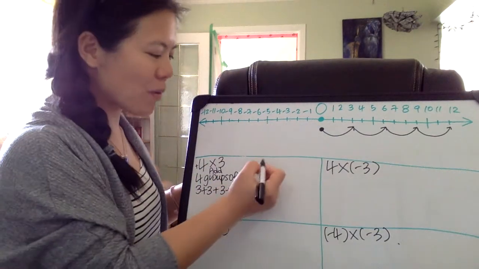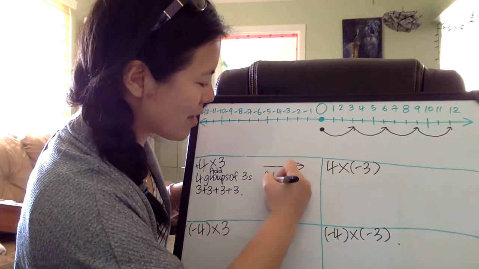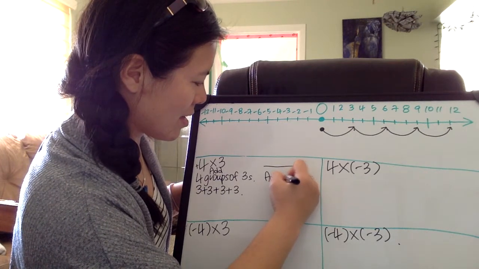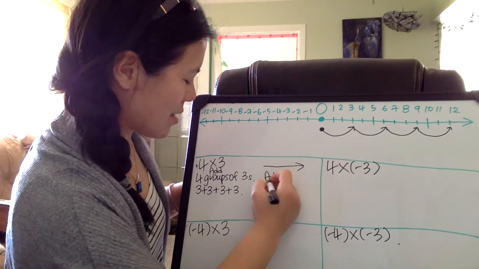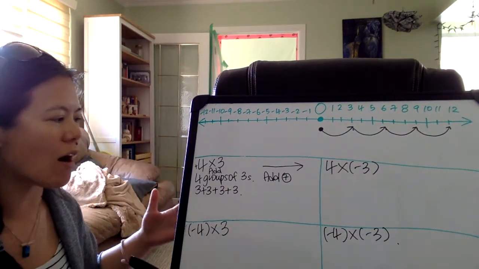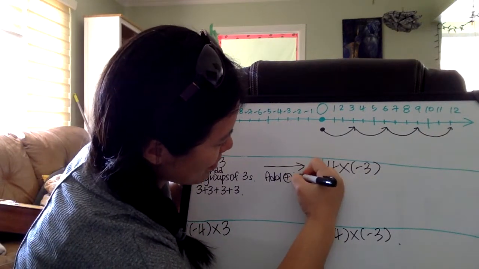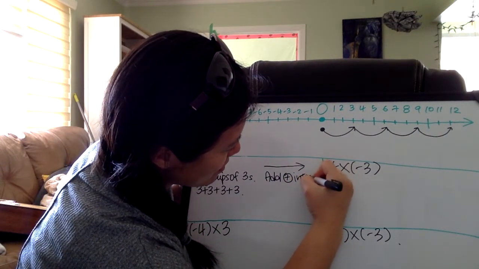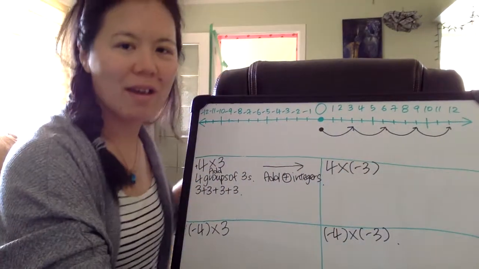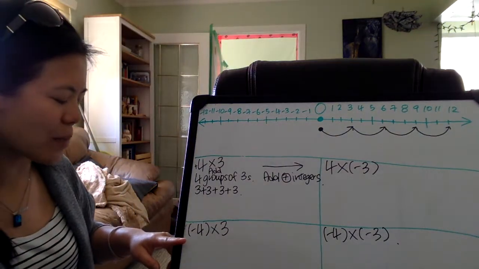I am going to note that when I'm going this way, that means I'm adding 4 groups of positive integers. Okay, so that part is good, right? And then we're going to go on to the next part.